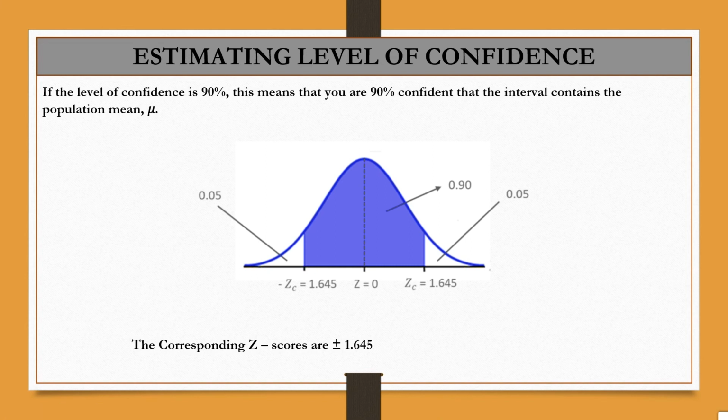So guys, how do you estimate the level of confidence? To sum it up, let me tell you the steps involved in constructing a confidence interval. First, you start by identifying a sample statistic. This is the statistic that you will use to estimate a population parameter. This can be anything like the mean of the sample.